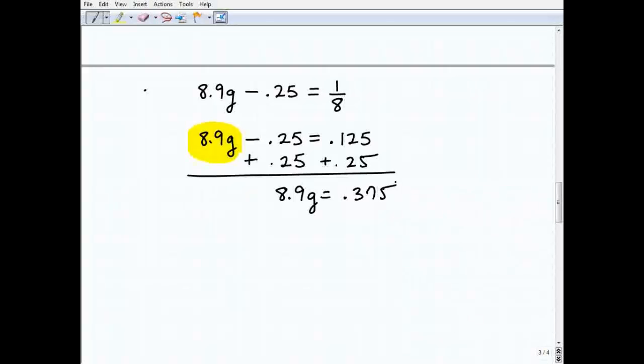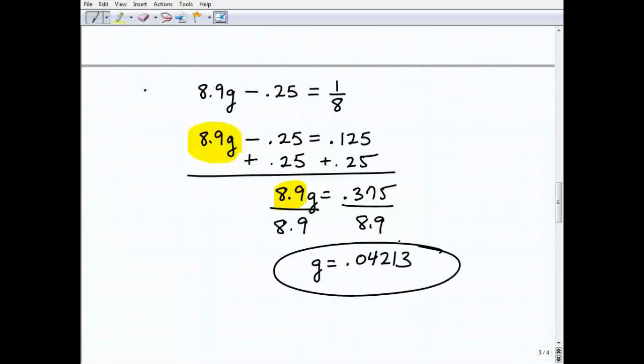All right, so we have 8.9g equals 0.375. So to solve for g, I've got to divide both sides of the equation by 8.9. So g is going to be equal to 0.375 divided by 8.9, and I get 0.04213 or so, let's call it.